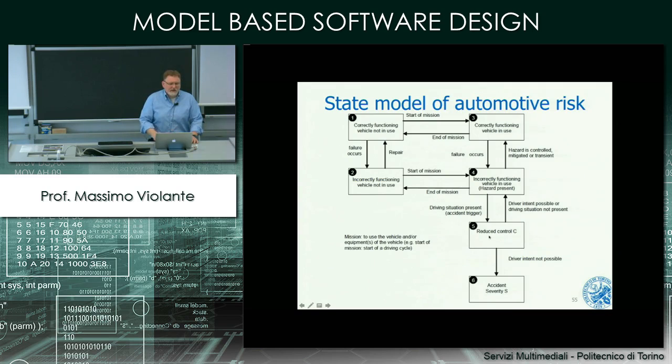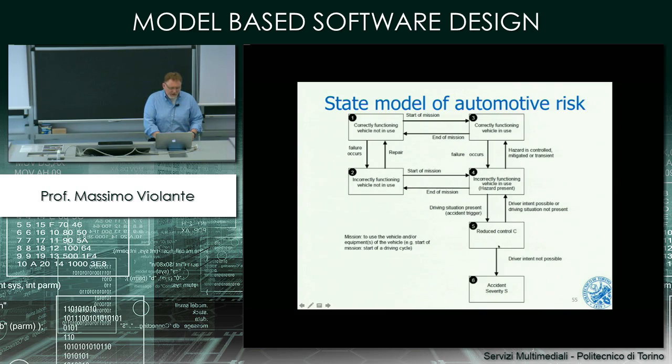If you have good experience, it may be the case that you are able to take control of the car even if it is not doing exactly what you want. So even if the control is reduced, the reaction of the driver is such that you can go back to the incorrectly functioning vehicle in use. This is a good situation. Even if the car is not going well, you are able to keep control.